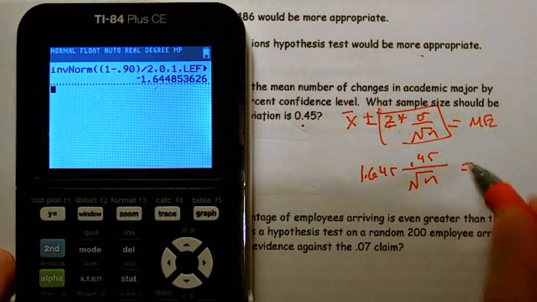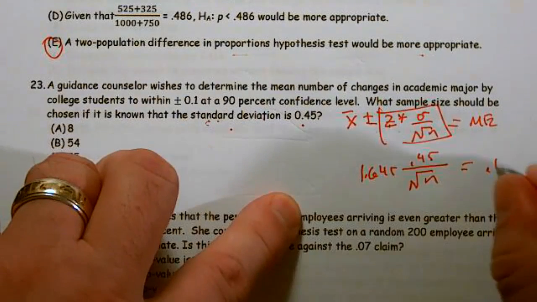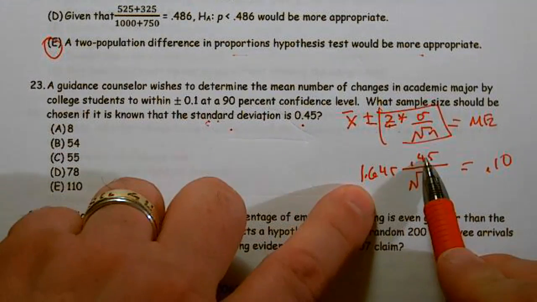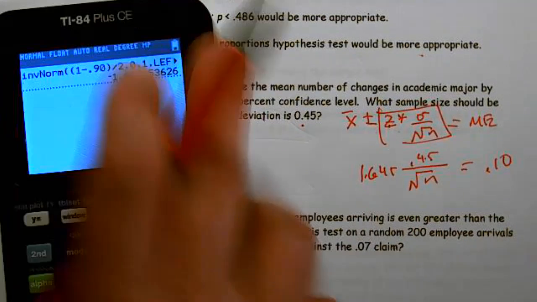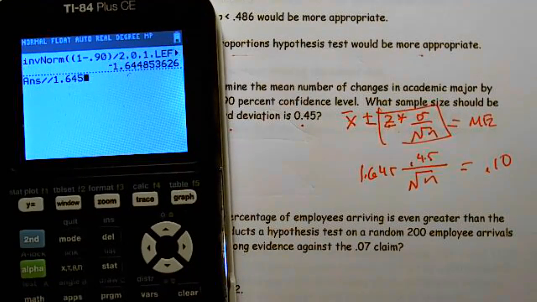And my margin of error, they said they wanted it to be plus or minus 0.01. So I'm going to go ahead and multiply these two values. So 1.645 times 0.45.